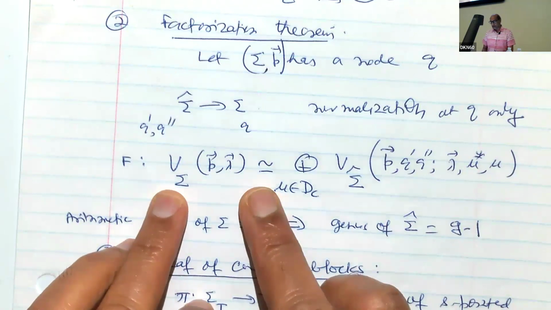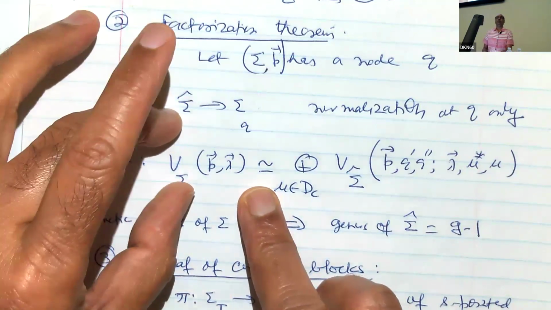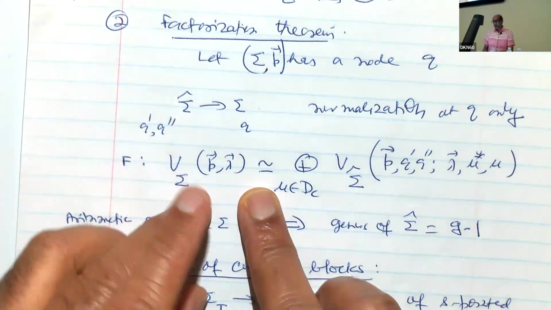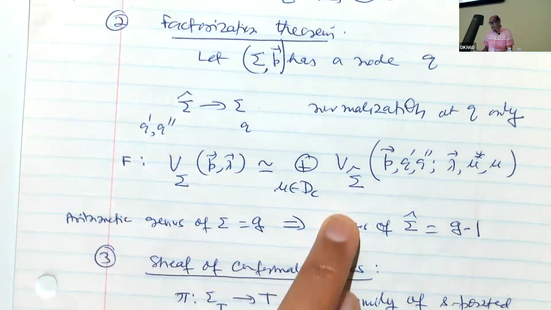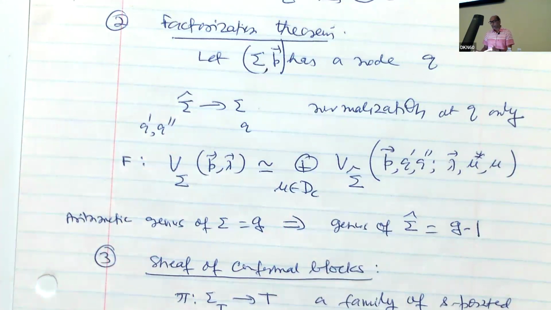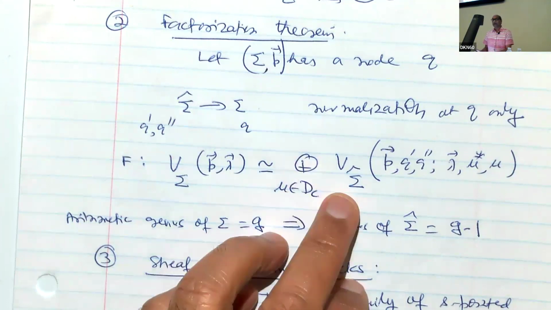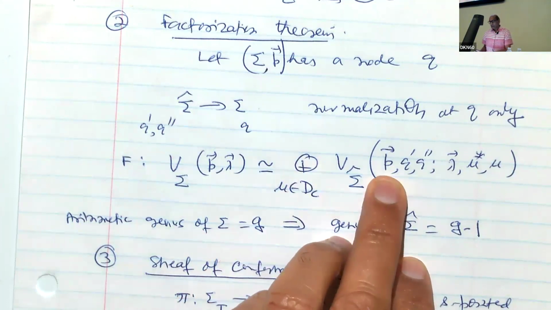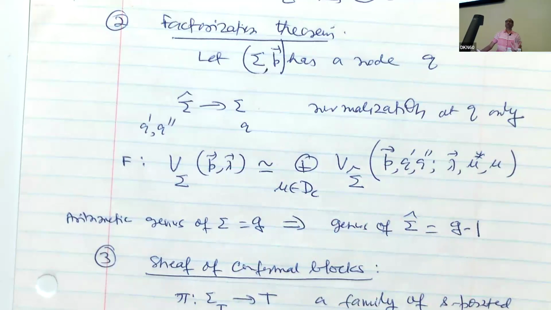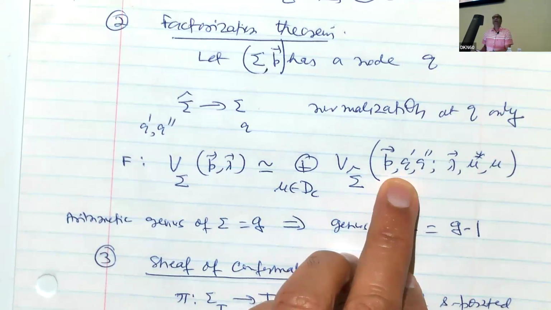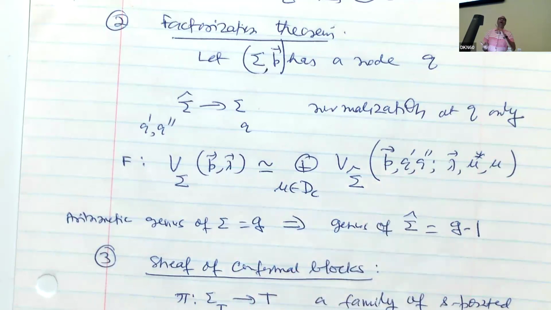So this factorization theorem says that let's take the original space of conformal blocks, V sigma attached to P lambda. And now I'm going to compare that with the conformal block on this smooth curve. So V of sigma hat, I take the original smooth points, so they are not messed up. In the normalization, I'm not touching them. They remain the same points, P hat. But the point Q has become 2 points in the normalization, Q prime and Q double prime.